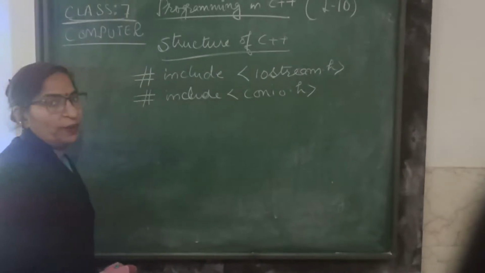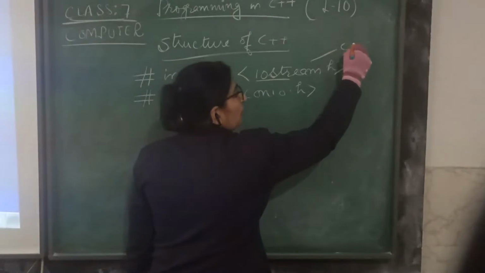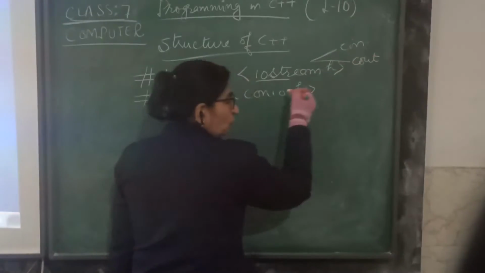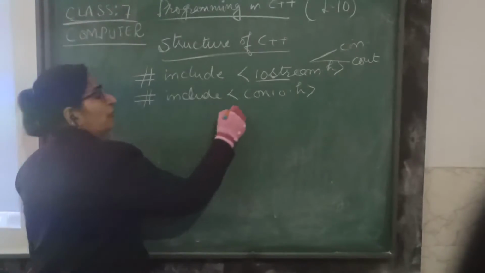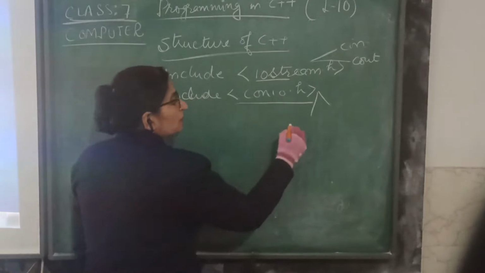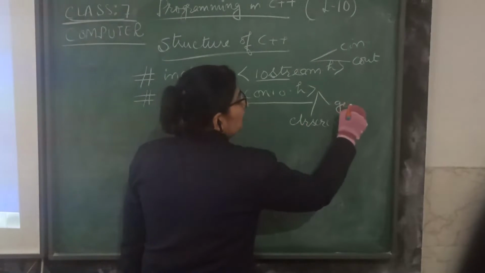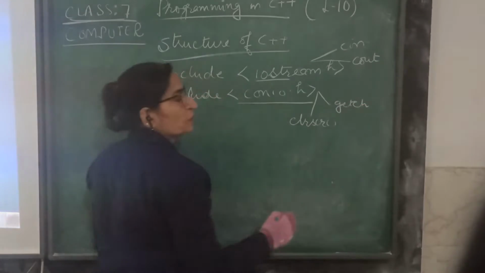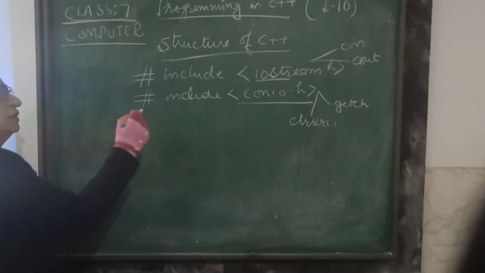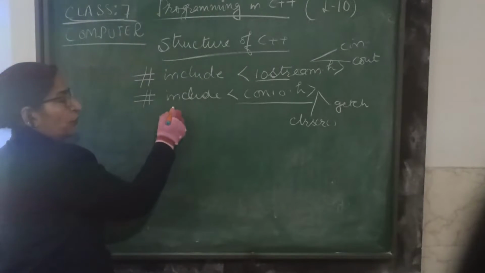Two header files are required. This header file contains two statements cin and cout that we are using in our program, and conio.h has two statements, clear screen and get ch. These two statements are used while making a program. So these are the header files iostream.h and conio.h.